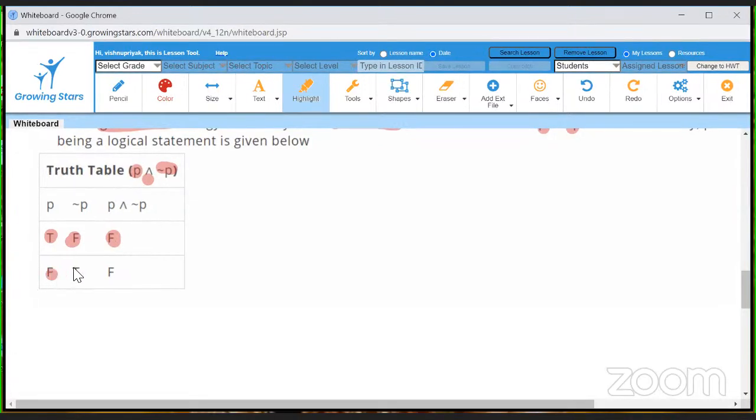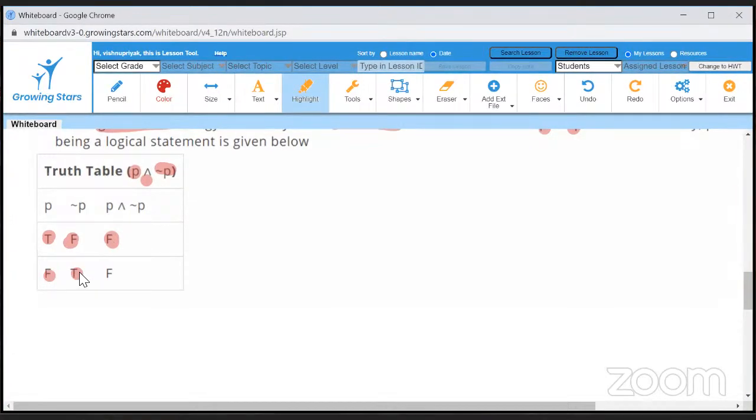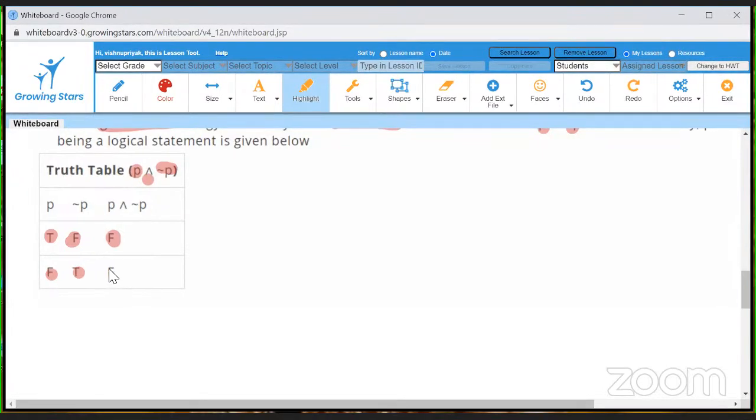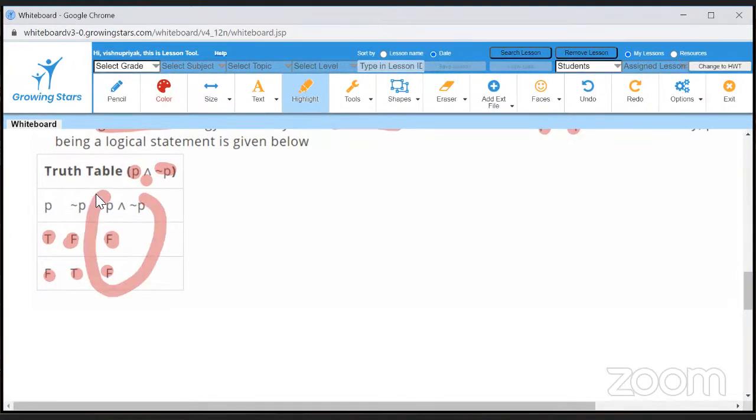If P is false, not P will be true, P and not P will be false. This is how P and not P is a contradiction.